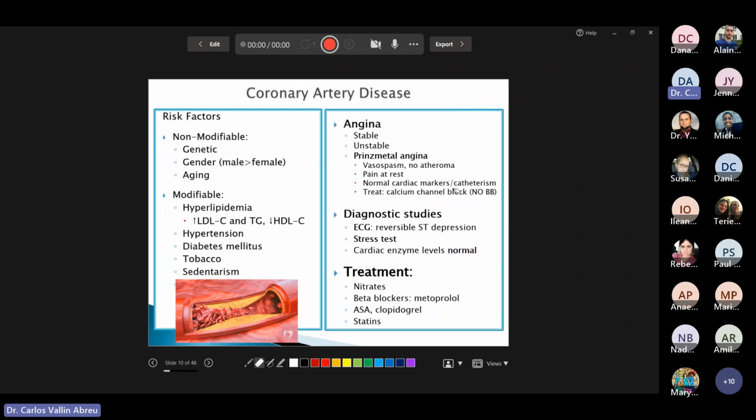The treatment of this is with calcium channel blockers, not with beta blockers: diltiazem or verapamil.